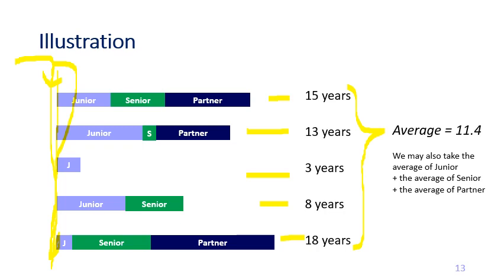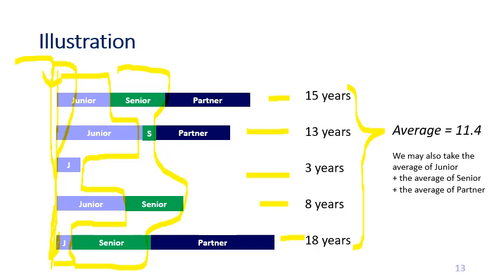But then actually you may also take the average of the work duration of these people by separating how many years they work as junior, take the average, and then plus how many years these people work as senior, and then the third lawyer never works as a senior, so you put the number 0, plus the number of years these people work as partner.